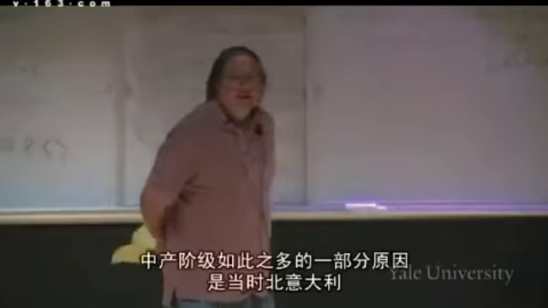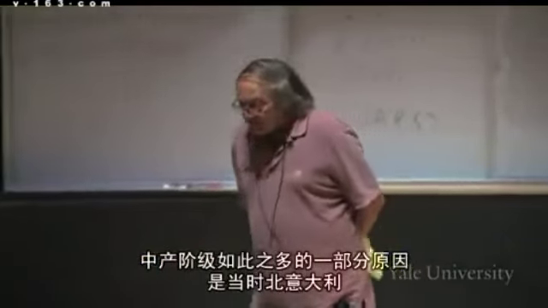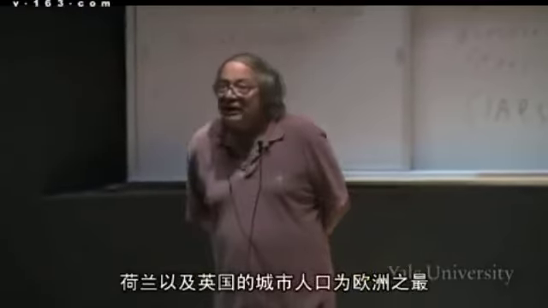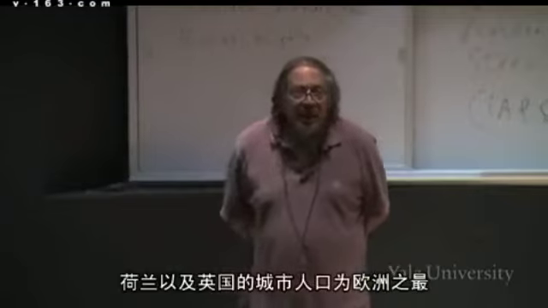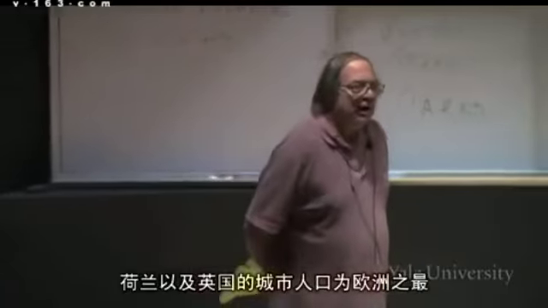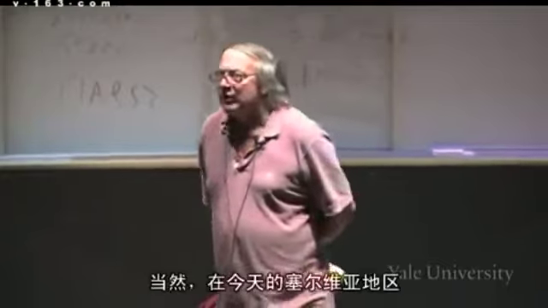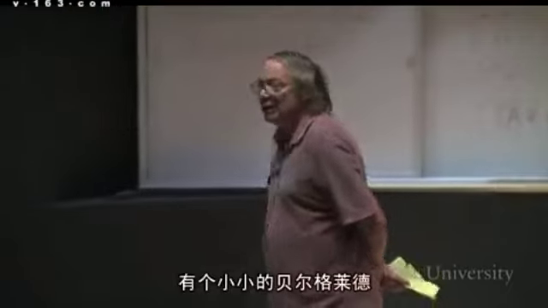Now, part of that is that, along with northern Italy, the Netherlands and England, Great Britain, have by far the most urbanized population in Europe. If you go into Serbia, for example, what now is Serbia, there basically was Belgrade, which was a small place.